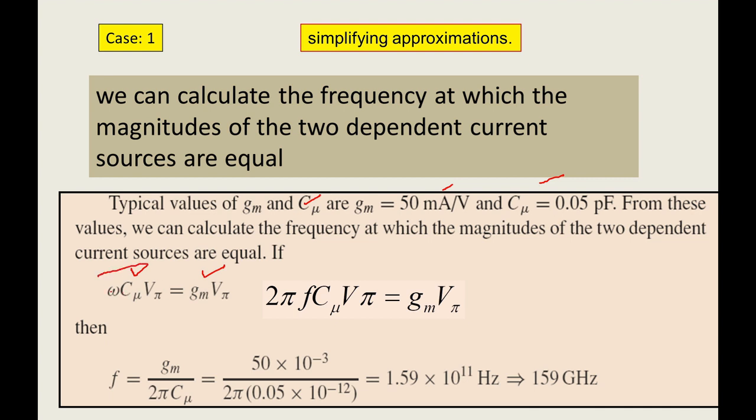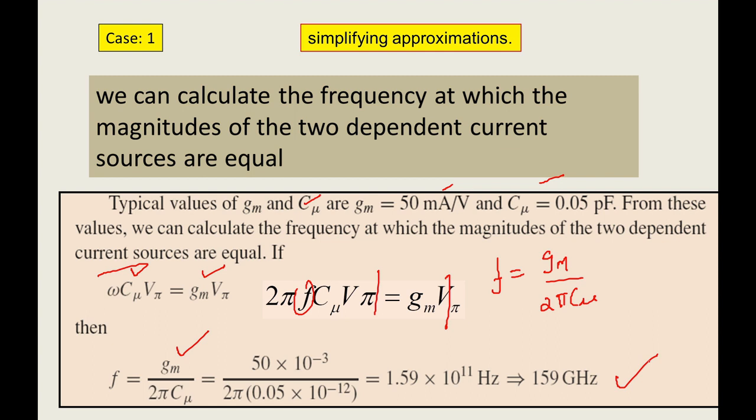In terms of omega, I have written 2 pi f C mu v pi equal to g m v pi. If you write this for f, v pi will be cancelled, so f equals g m divided by 2 pi C mu. If you substitute, your answer is 1.59 times 10 to the power 11 hertz, so that means 159 gigahertz.